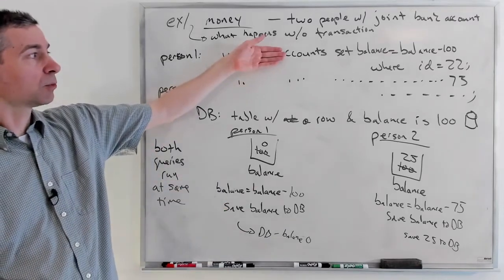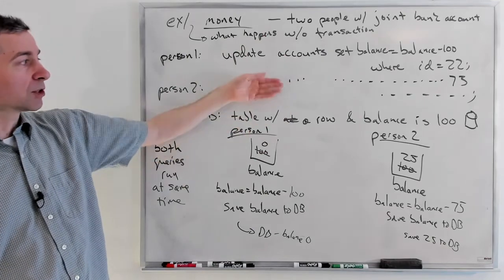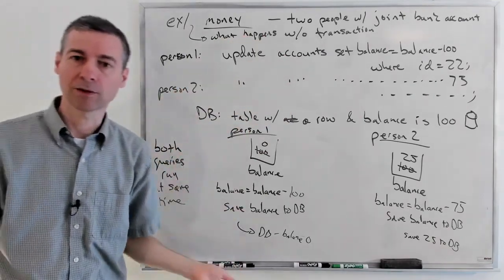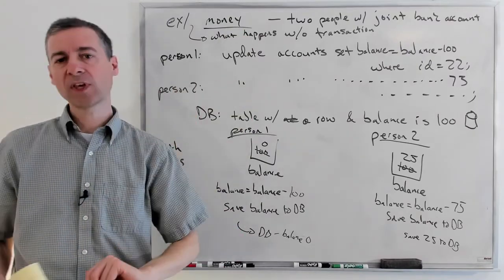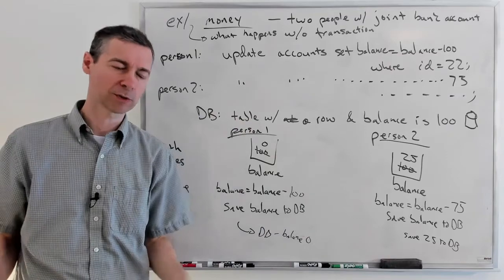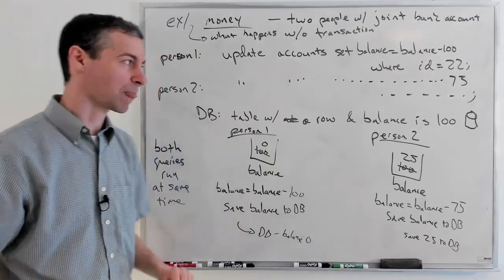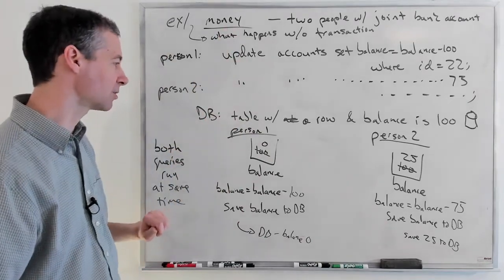So yes, if this one went first, then we would end up with minus 75. If this one goes first and then this one goes, we would end up with minus 75 in the bank account, and the bank would get to charge them a fee, and all sorts of horrible things would happen to the couple, but at least the bank wouldn't be out of money. All right, maybe I should have started them with a larger balance just to be nicer to them.